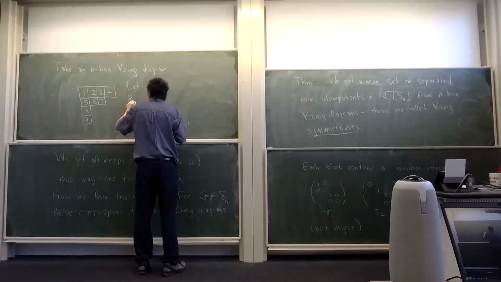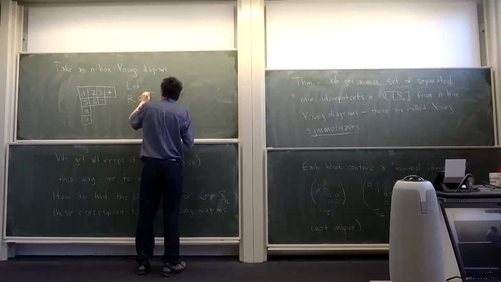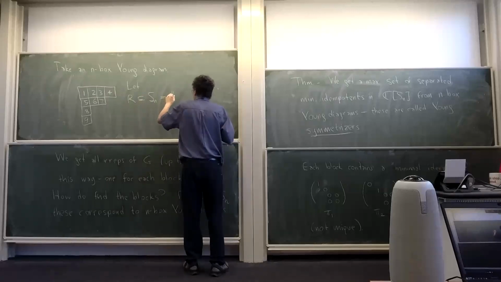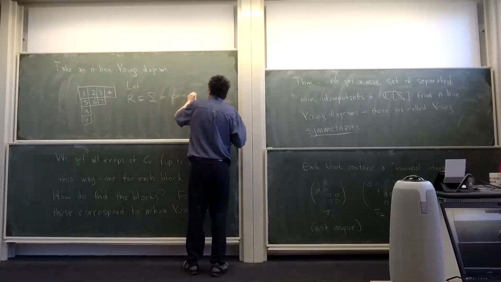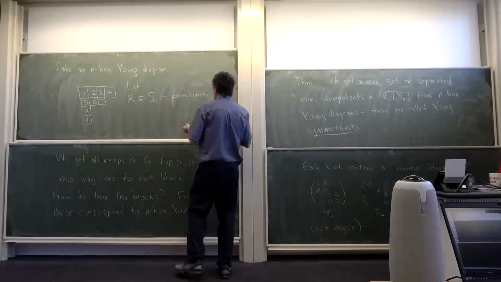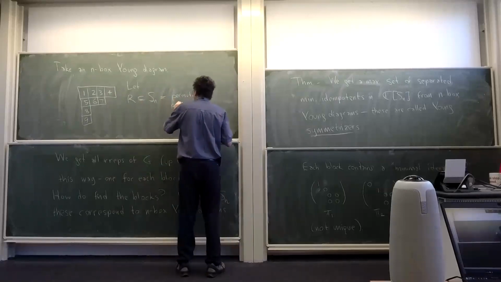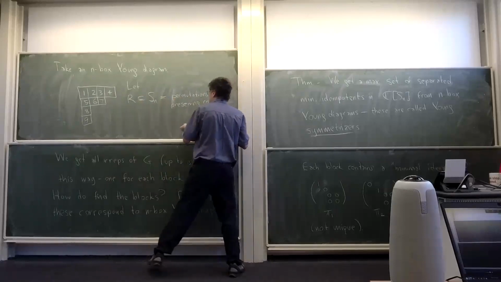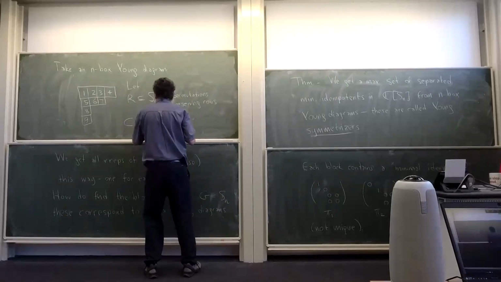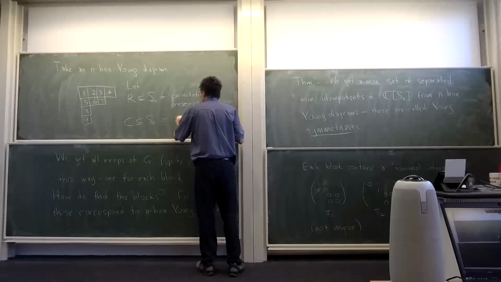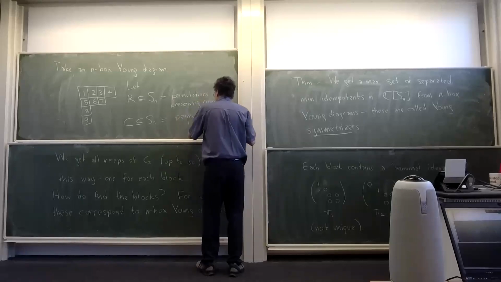Let R, which is going to be a subgroup of Sn, be the permutations that preserve rows. They don't mix a number from one row to another row. And then do the same thing for the columns, preserving all the columns.